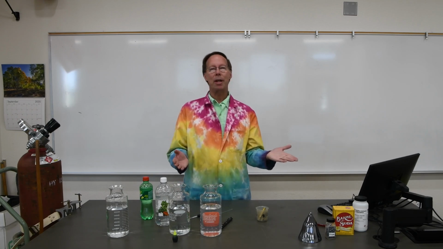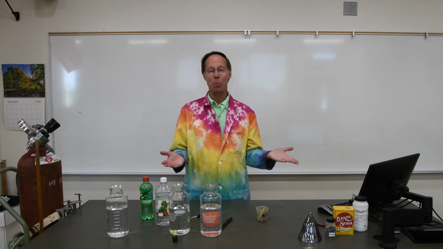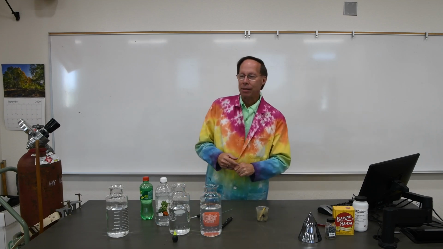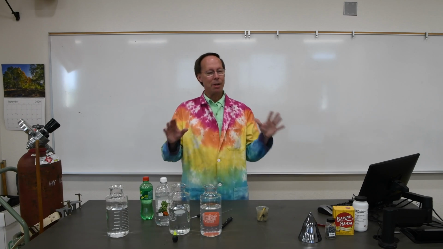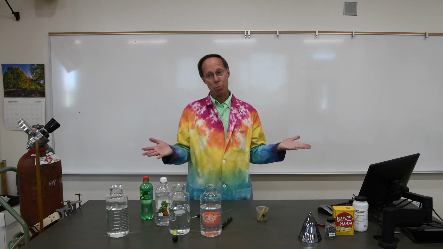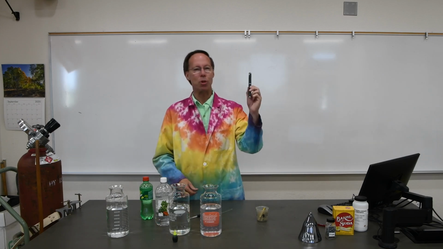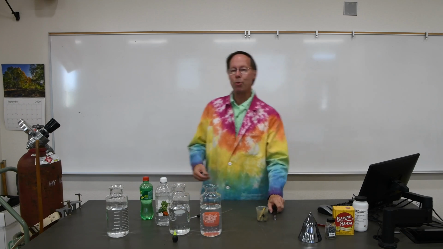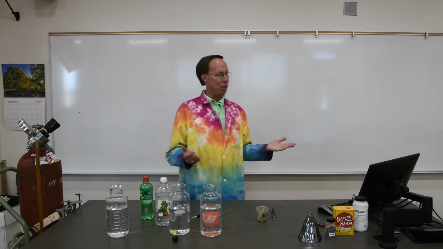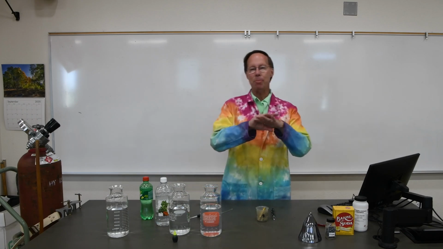Now, how do you recognize a heterogeneous mixture? Very simple. It's not homogeneous. There are a lot of heterogeneous mixtures. Most mixtures are heterogeneous. My lab coat, this laser pointer, the computer, all those things are heterogeneous. To be homogeneous, it has to be uniform.